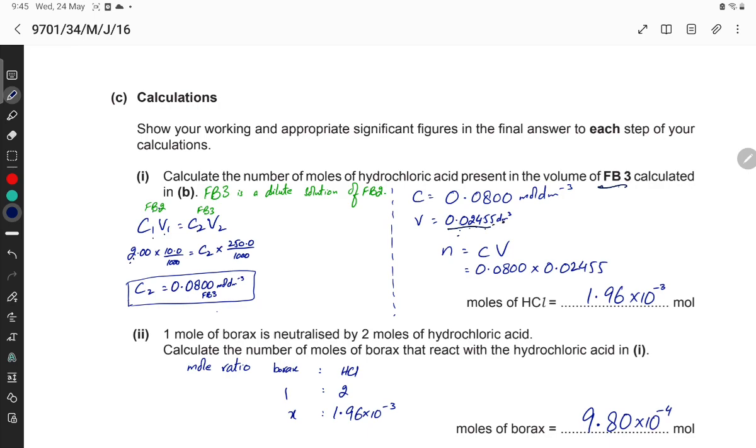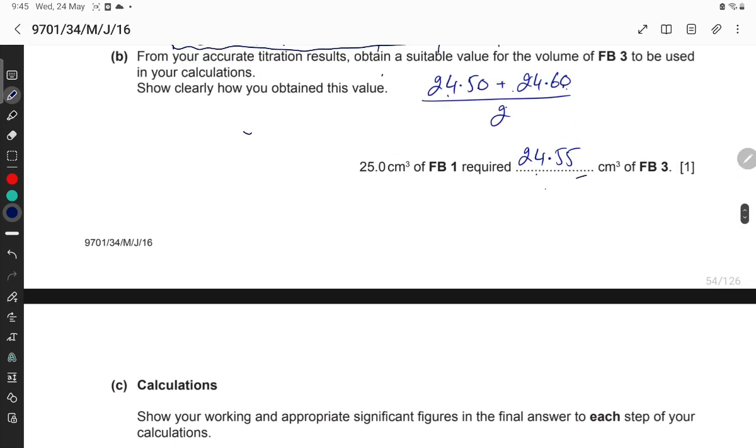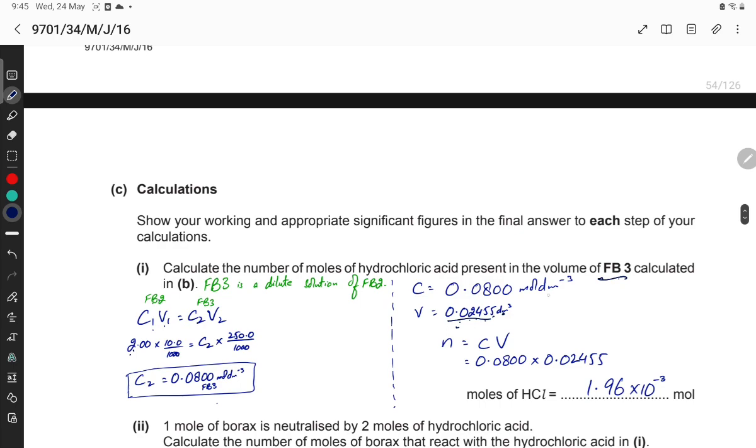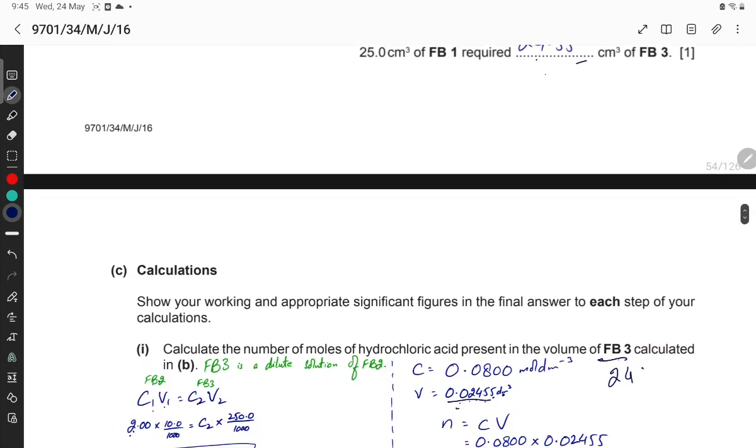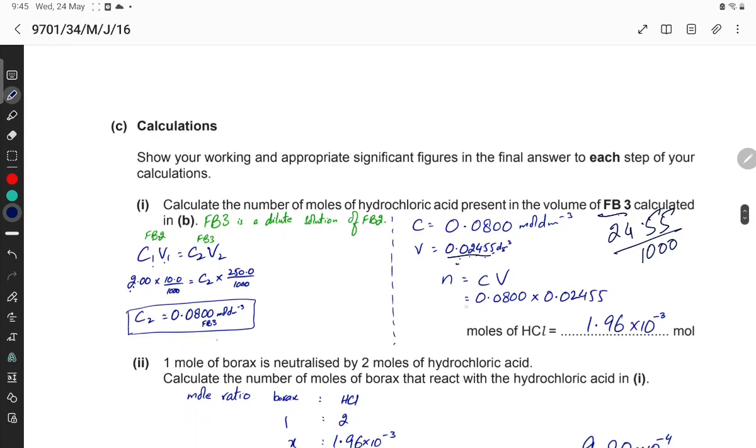The volume is 24.55 cm³, so 24.55 divided by 1000 gives 0.02455 dm³.